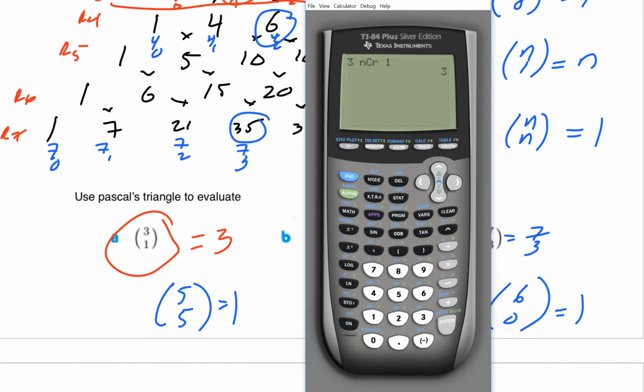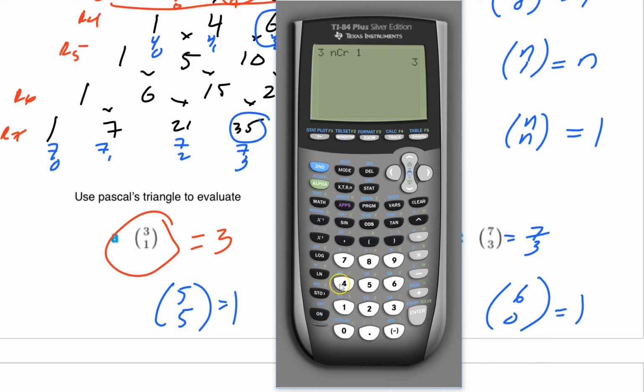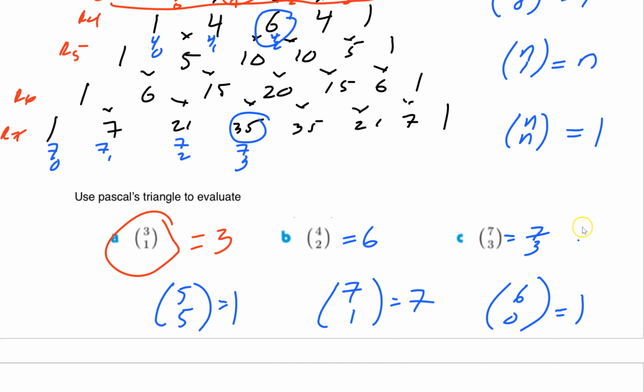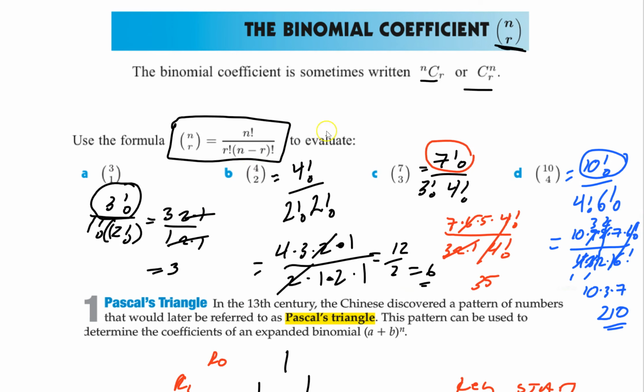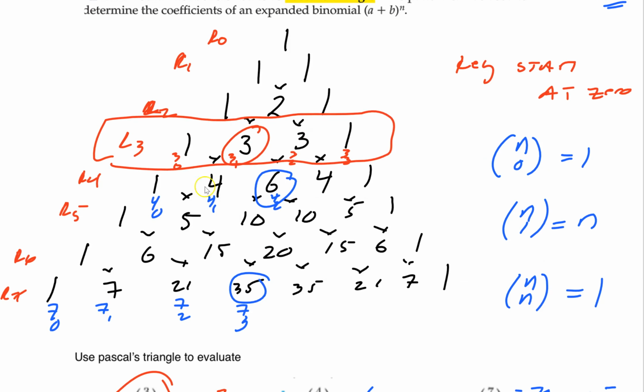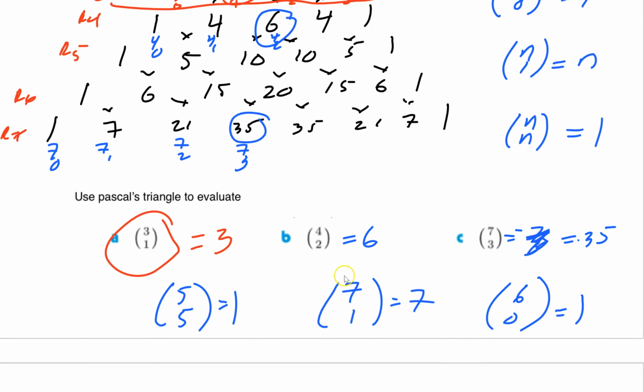Let's look at 7 choose 3. Put 7, math, nCr, 3, and you get 35. So lots of ways to do this. Again, by hand, I expect you know how to do it, Pascal's triangle if you prefer, or with the calculator.